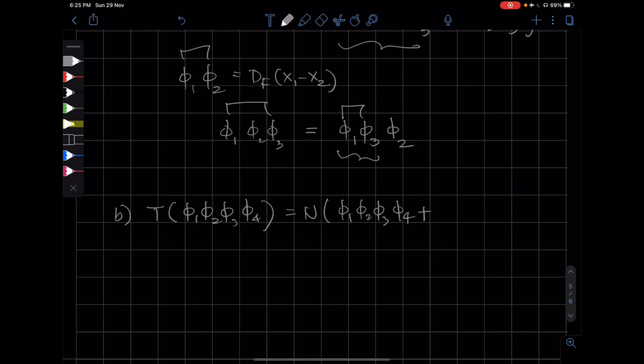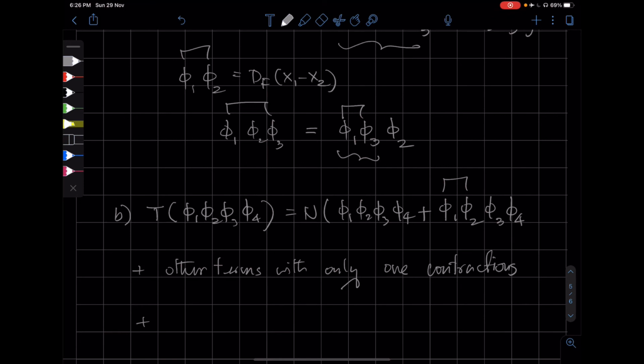And then there will be terms which will have only one contraction. So contraction between phi 1 and phi 2, and there'll be a normal ordered product of phi 3 and phi 4. And then other terms with only one contraction.